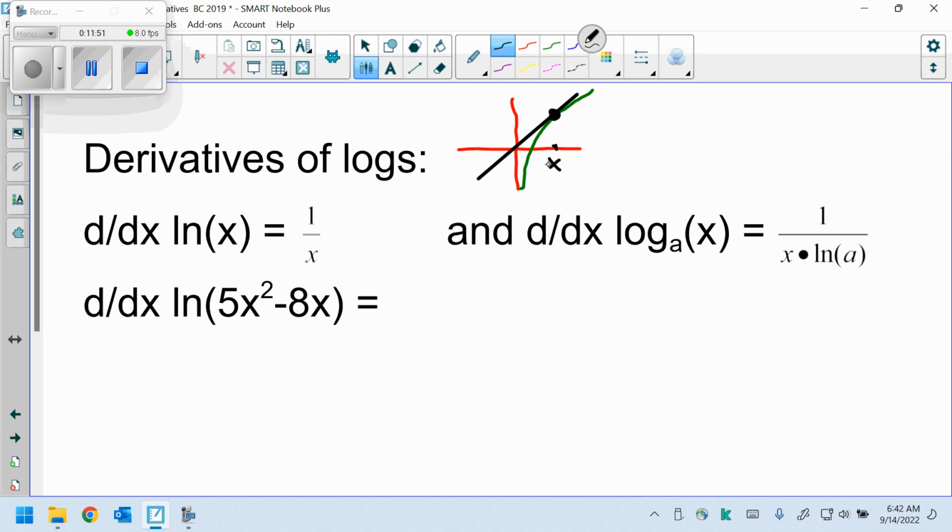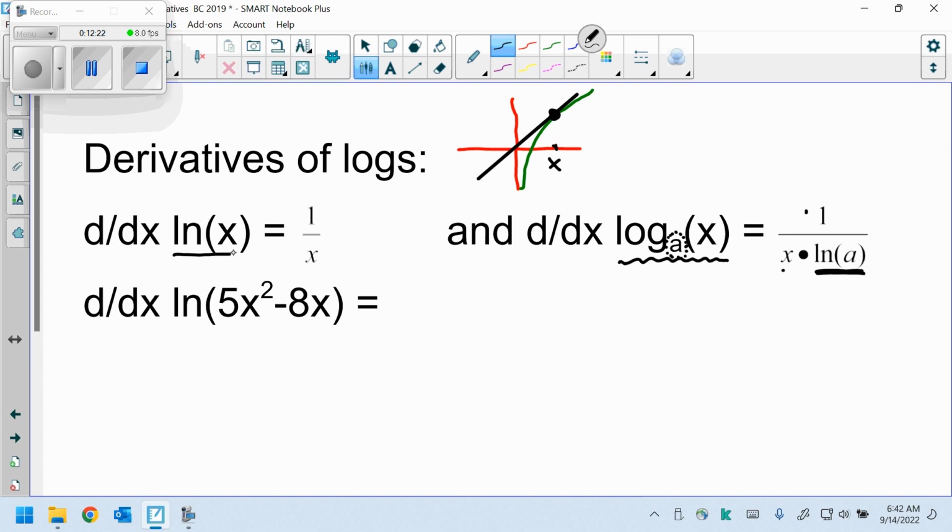And if you have a log base 10, it's the same thing. It too is 1 over x. But if it's a log base a, what we're going to have to do is multiply that x on the bottom by the natural log of a. Just something we're going to have to memorize. All right? And actually, this one over here is the exact same thing.